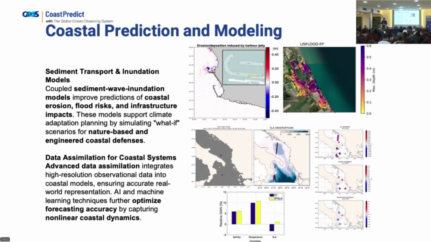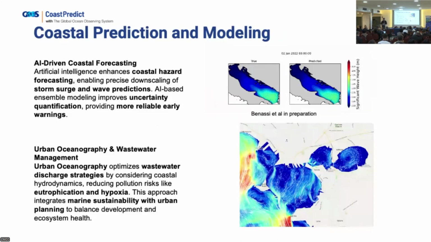And then data assimilation, I'd say, is quite under development, but is an important component to be developed. And then the artificial intelligence driven coastal forecasting, we have an example, and I think this is doable. It's the future also. This is an example of waves forecasting, but we have to use more and more data, observations.